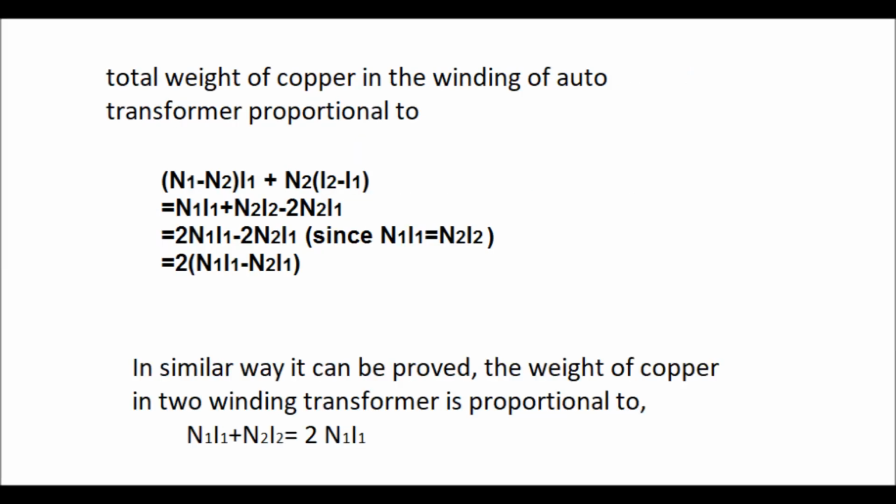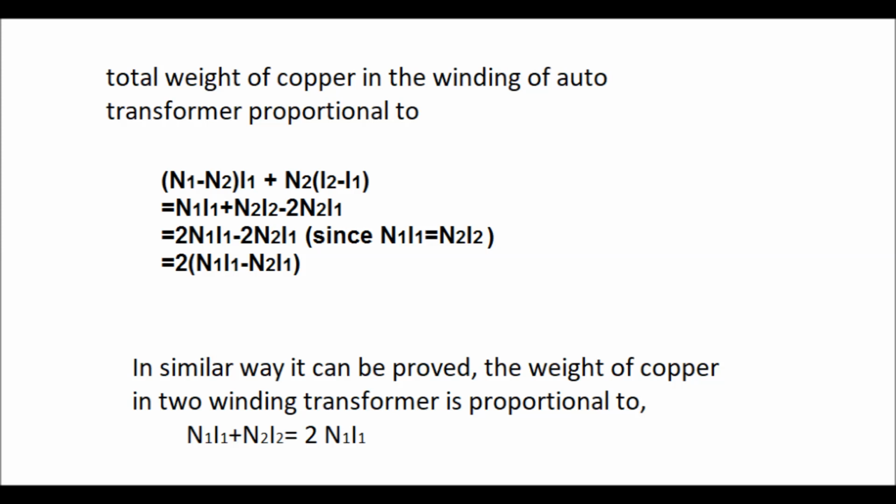Total weight of the copper in the winding of the auto transformer is proportional to N1 minus N2 into I1 plus N2 into I2 minus I1, which is equal to N1 into I1 plus N2 into I2 minus 2 into N2 into I1.